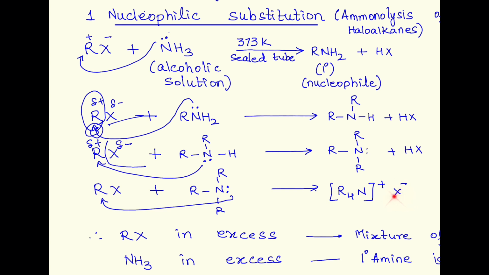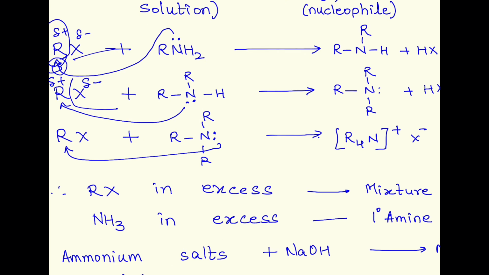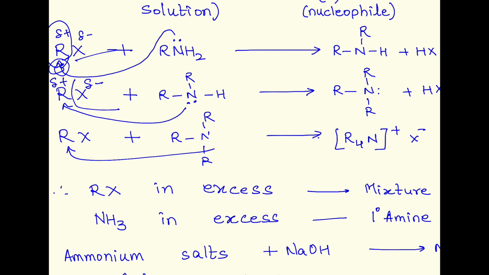Considering it from a chemistry point of view, see, the lone pair of electrons is being shared with the alkyl group. With the result, my nitrogen now acquires a positive charge. Why does it acquire a positive charge? Because nitrogen, when it forms 4 bonds, look at the formal charge that the nitrogen will now have. It will have a positive charge.